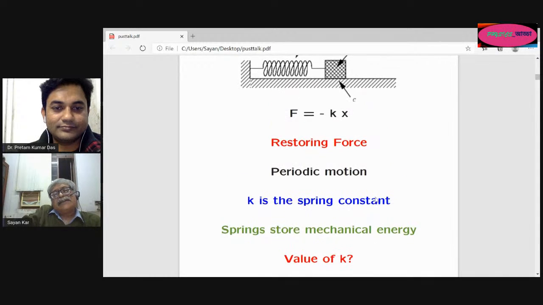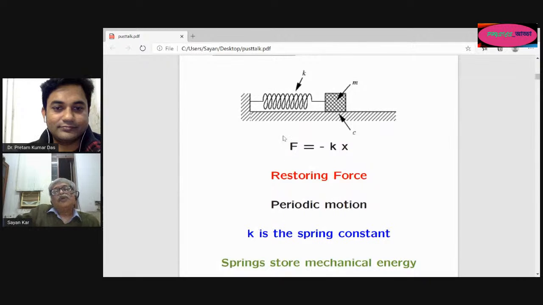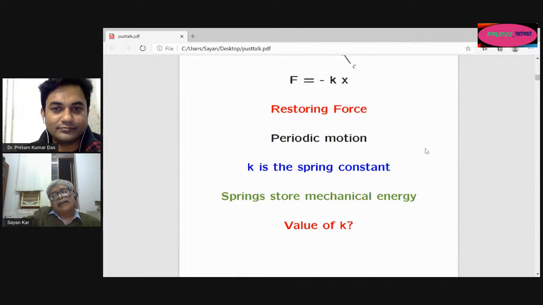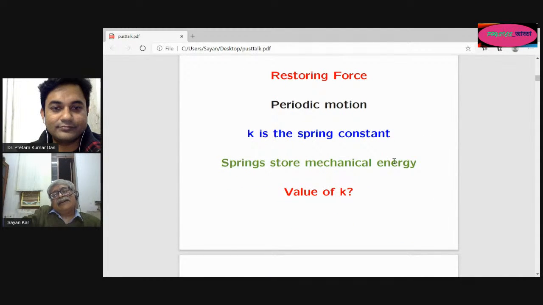From this equation, you can say that if I know the amount of force that I impart to set the mass m into oscillatory motion, and if I know the displacement x from its rest position, then by dividing F by that displacement, I can know what is the magnitude of the quantity K, which is called the spring constant.